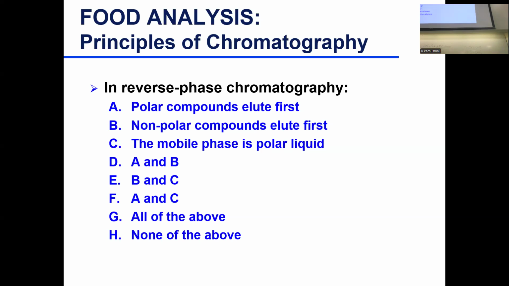We're going to learn about reverse phase chromatography, normal phase chromatography, ion exchange chromatography. There are so many chromatographies that you're going to learn about. In reverse phase chromatography, your molecules are interacting with the column based on polarity via nonpolar interactions.